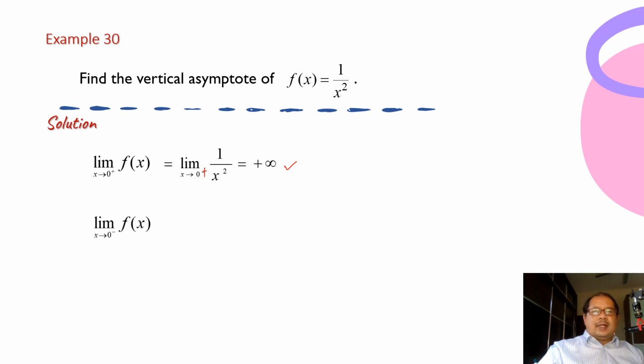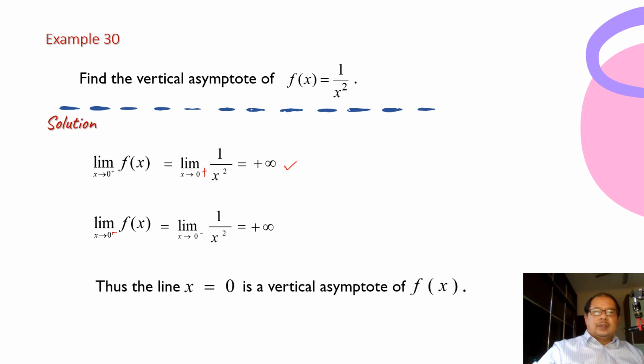And then find the limit x approaches 0 from the left. This is from the left. Limit x approaches 0 from the left, 1 over x squared, also positive infinity. So thus the line x equal to 0 is a vertical asymptote of f(x).